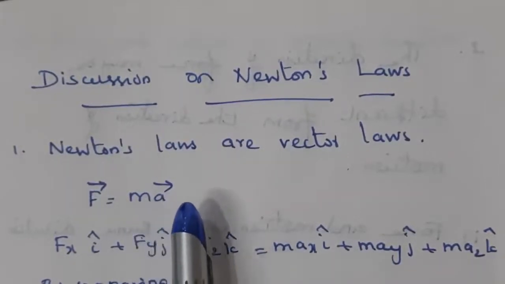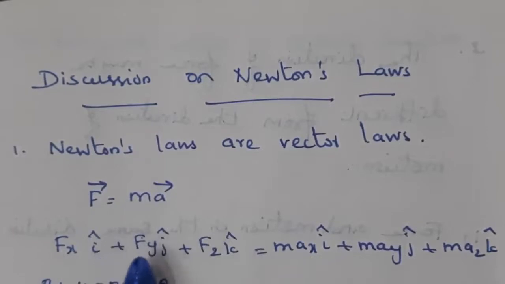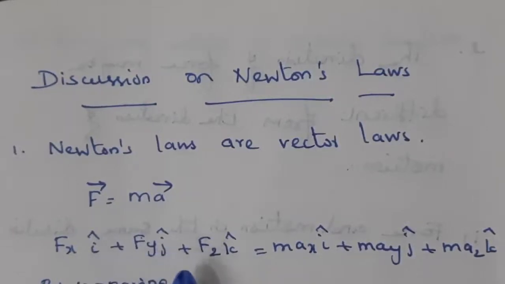In Cartesian coordinates, this equation can be written as Fx i cap plus Fy j cap plus Fz k cap is equal to max i cap plus may j cap plus maz k cap.